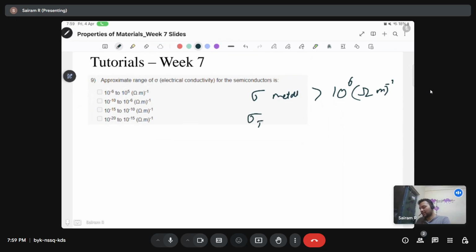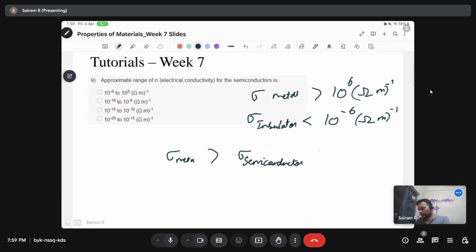Sigma for insulators is less than 10 power minus 6 ohm meter inverse. So if there is anything in between, we know that sigma of metal is greater than sigma of semiconductor is greater than sigma of insulator.